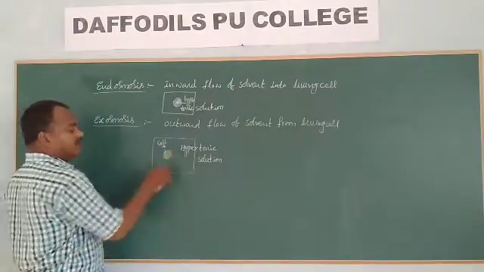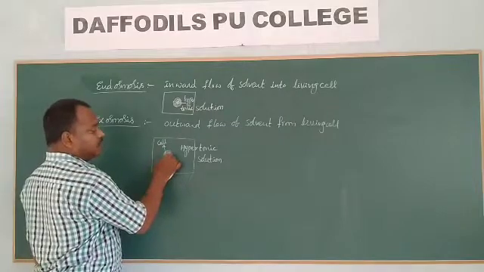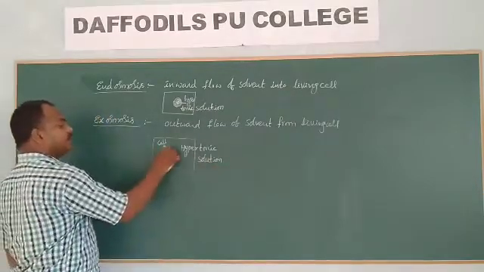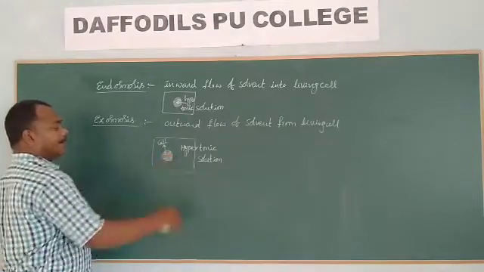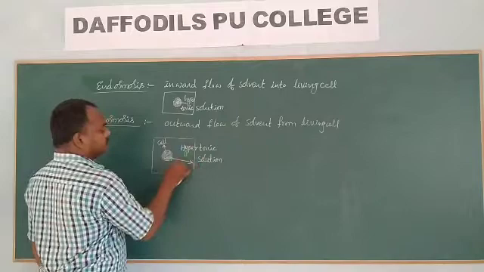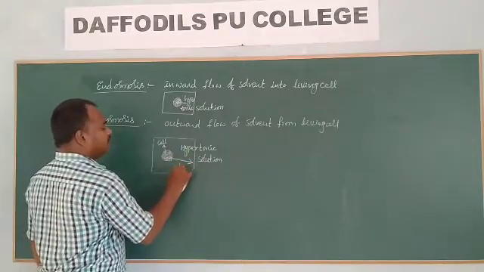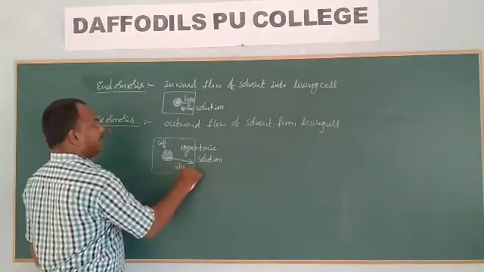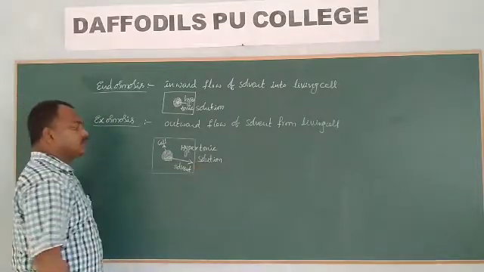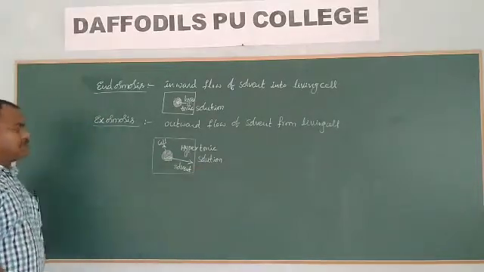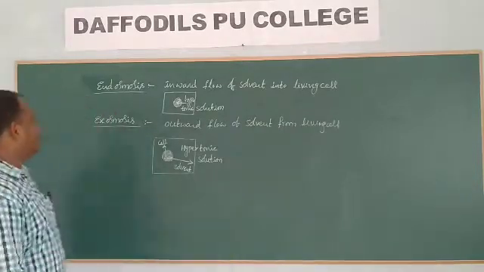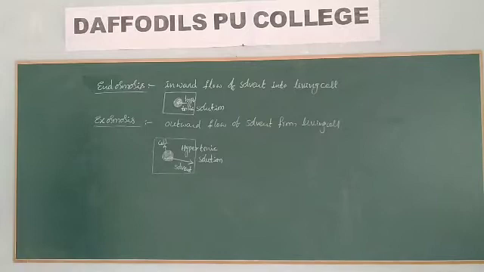The solvent molecules present in the cell move outwards, and the cell eventually is going to shrink. So when solvent molecules move outwards, what happens to the cell? It's going to shrink. So this is about exosmosis.